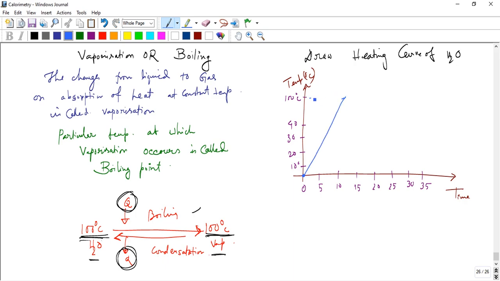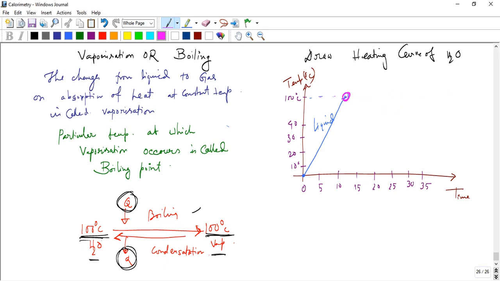At some point here, that is a liquid. There is a liquid, okay. But after crossing that, at that point there is 100 degree centigrade of liquid or water.